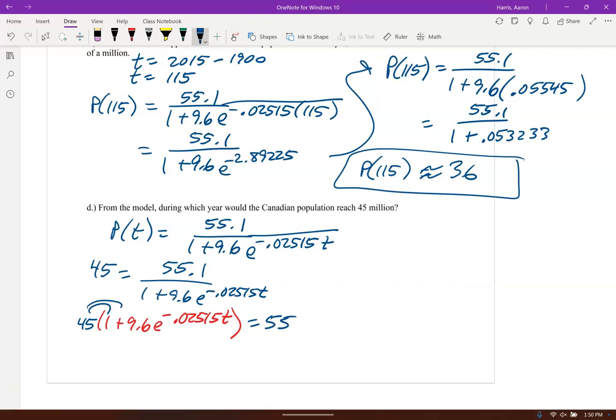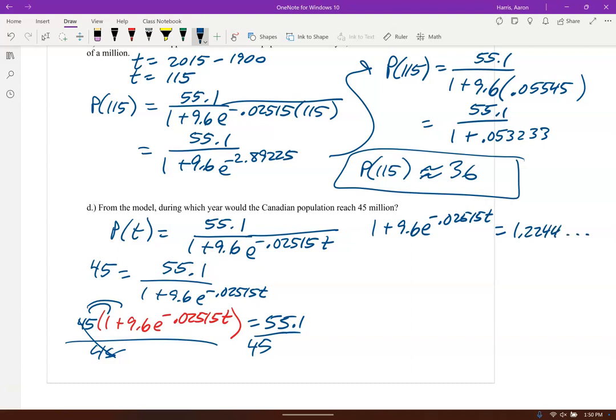Actually, you know what? Instead of distributing, I'm just going to divide it out. So I have 1 plus 9.6 e to the negative 0.02515 t equals 55.1 over 45, which gives you 1.2244.